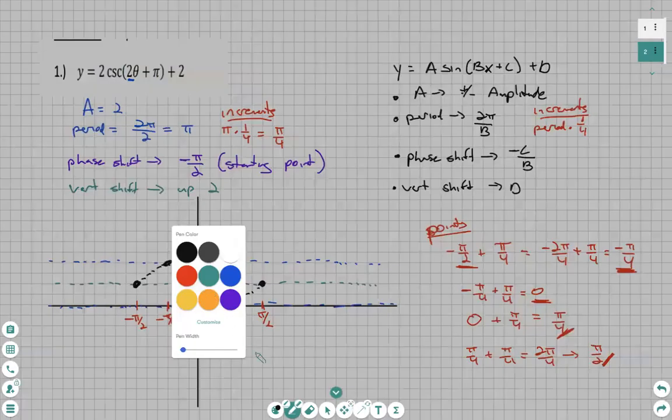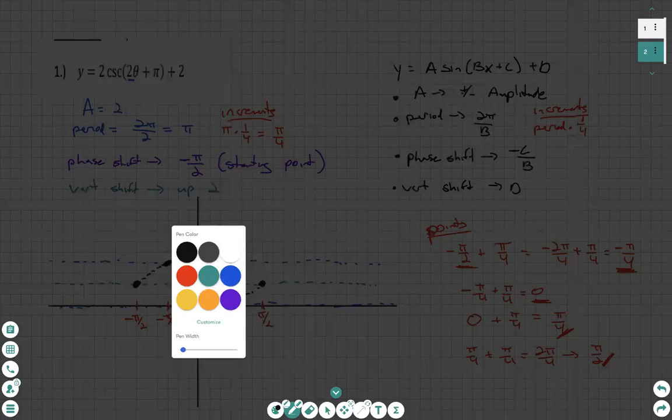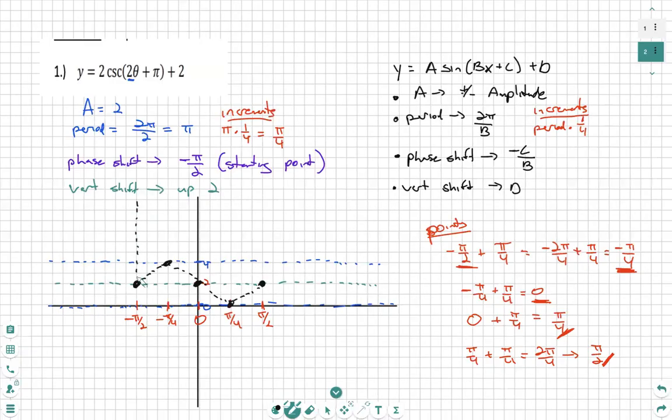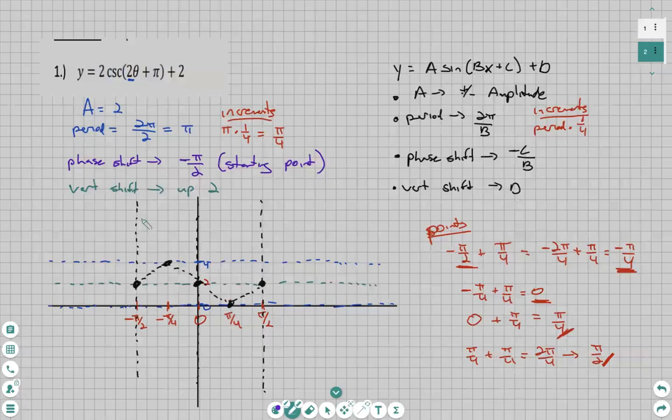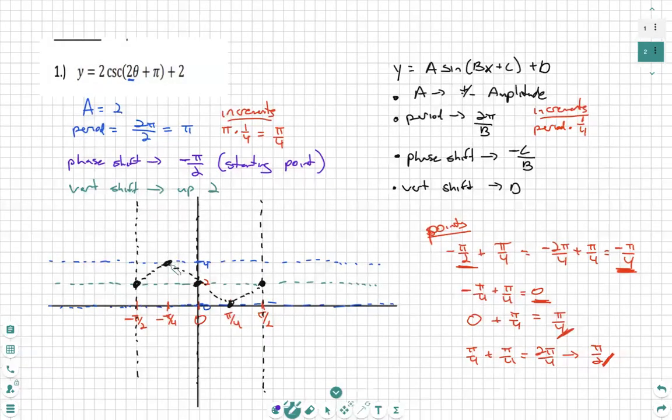Now, the only extra step we need to do here is draw vertical asymptotes every time our graph has a point at the midline. So we'll have 3 asymptotes in this equation. Now we are pretty much done, and every time a point hits the amplitude, that is when we draw the opposite of it.